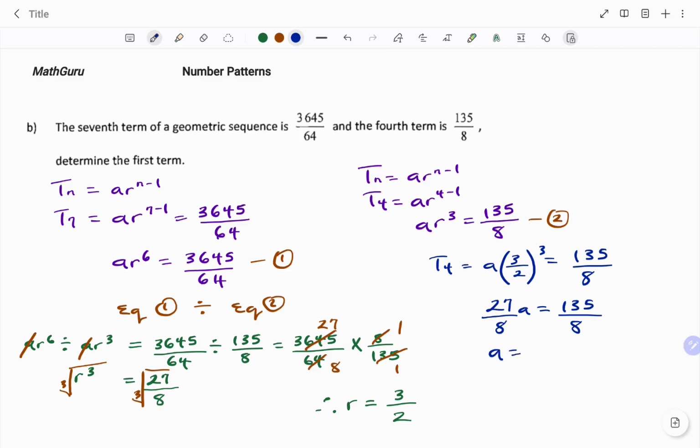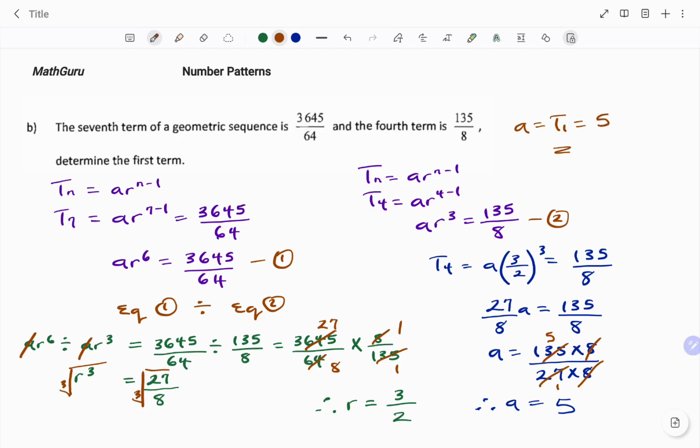Therefore, a is equal to 135 times 8 divided by 27 times 8. If I resolve that, the 8s cancel, 27 goes into 135 five times. So therefore, a is equal to 5. Because the question says, determine the first term, my a is equal to the first term, T1, which is equal to 5.